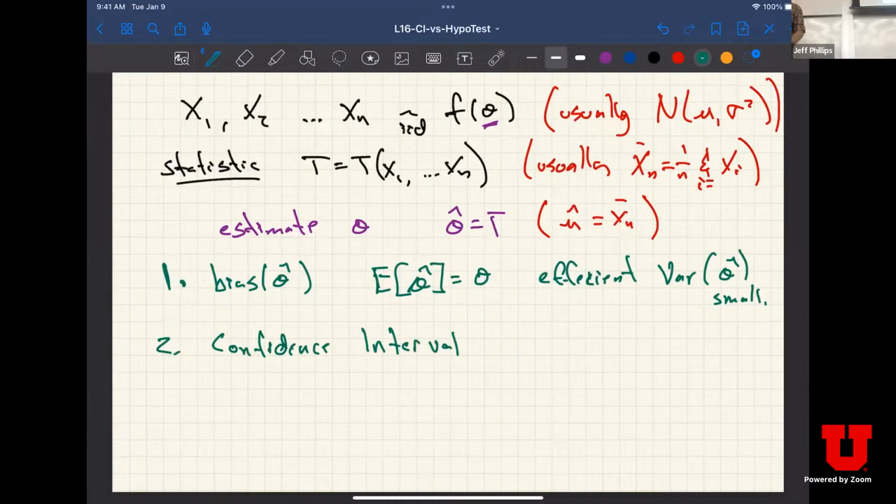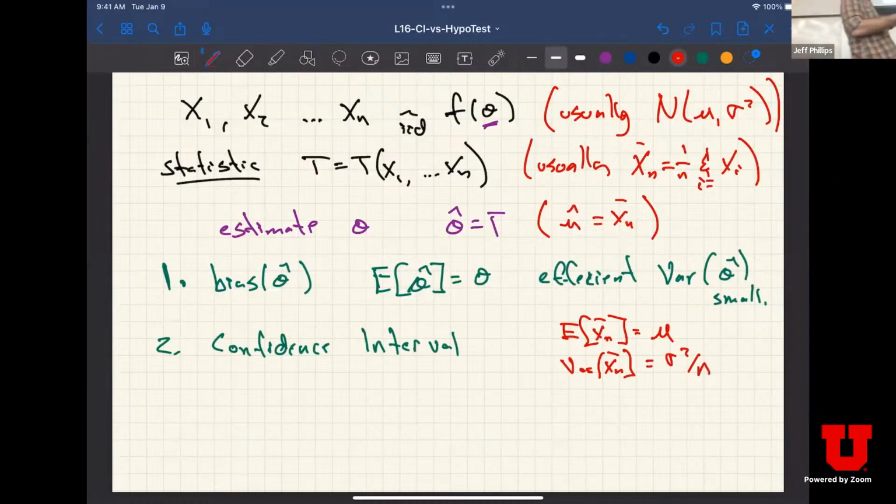Here, for these, the expected value of xn bar was equal to mu, so it's unbiased, and the variance of xn bar equals the true variance divided by n. So this was going down, right? We looked at how the variance was going down.